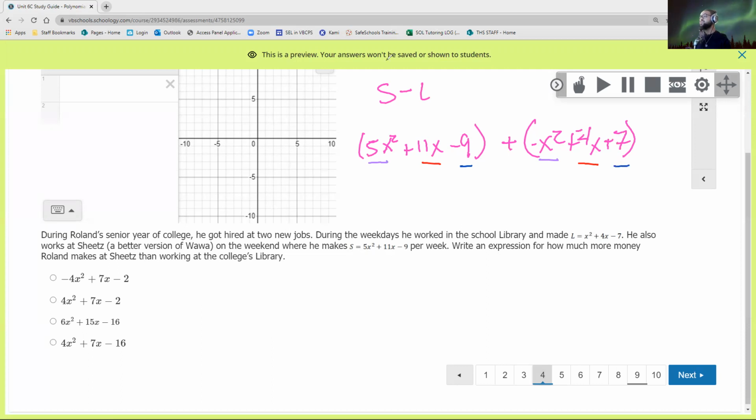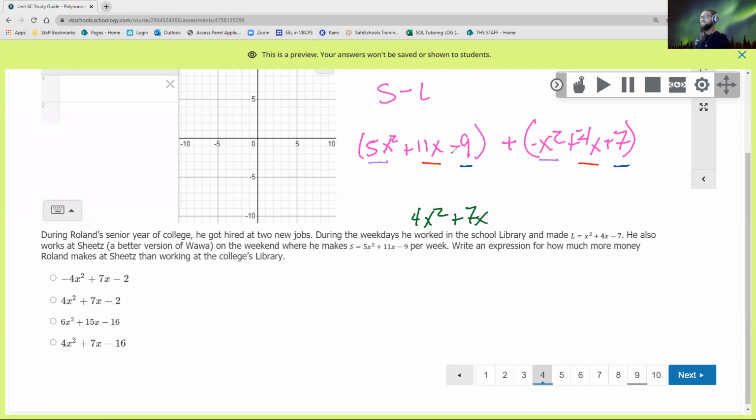When we add all these together, 5x squared plus a negative x squared gives us 4x squared. Then 11x plus this negative 4x gives us a plus 7x.